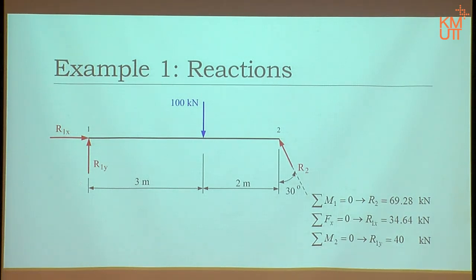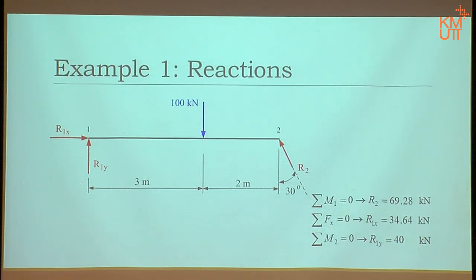Once I calculate this picture, when I want that point, I cut that part out and then draw from B to 2. If I want point A, I cut here and then I draw from A to 2. I do not see R1x, R1y at all. Okay? So, think carefully whether you need to calculate all reactions or not.